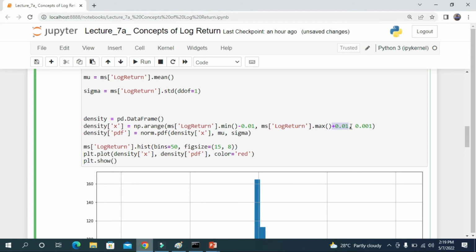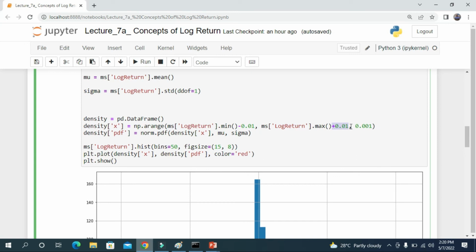This gives us the area, because in the example in the video of the professor of Hong Kong University, we take the ranges from -4 to 4, and in this case we are taking the ranges from minus 0.01 to 0.01 in order to see our values between these extreme points.